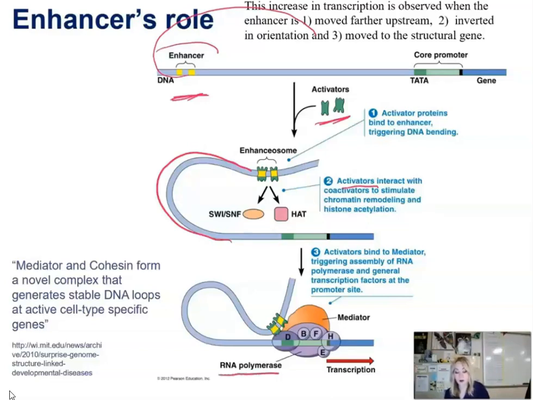Because at this point, RNA polymerase is going to be recruited to the scene, and this is how RNA polymerase will know that this is the beginning of the gene. This is what transcription needs to begin.